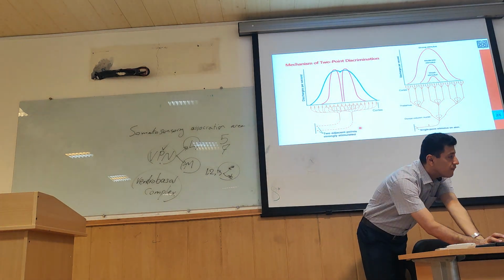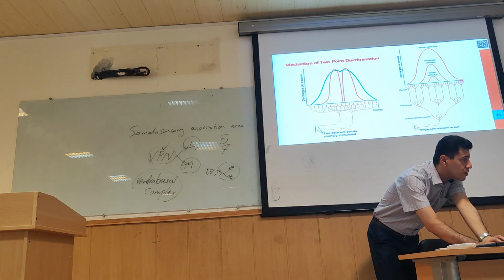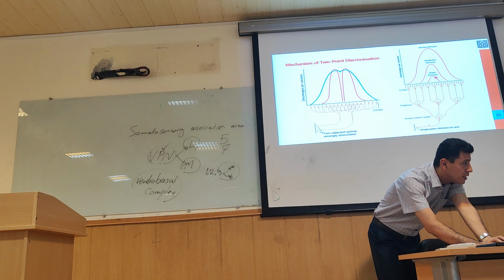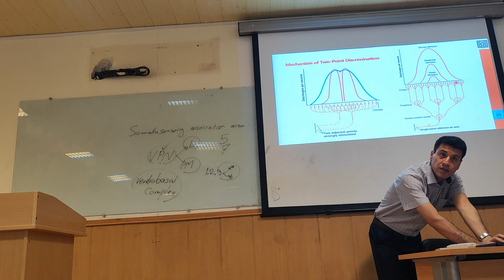So, if we consider these cortical neurons, we can see that neurons located in the central region are activated with weak stimulation, moderate stimulation, and strong stimulation. But neurons located in the peripheral part are activated only with strong stimulation.